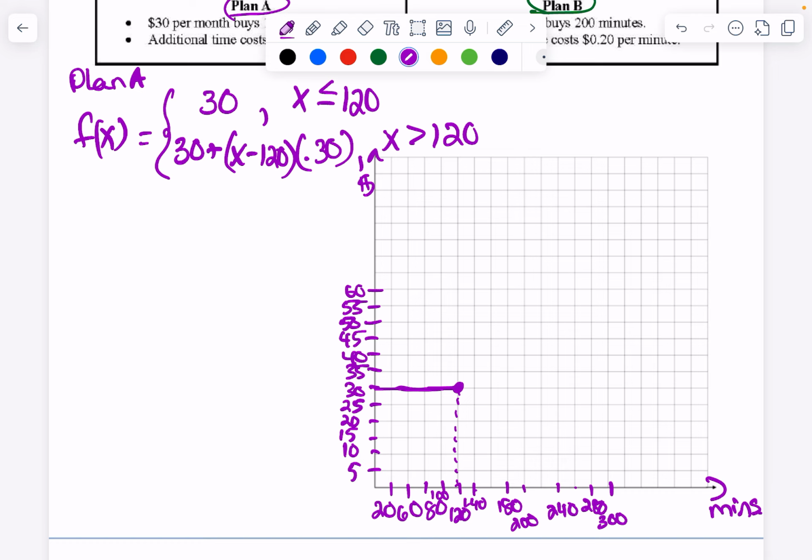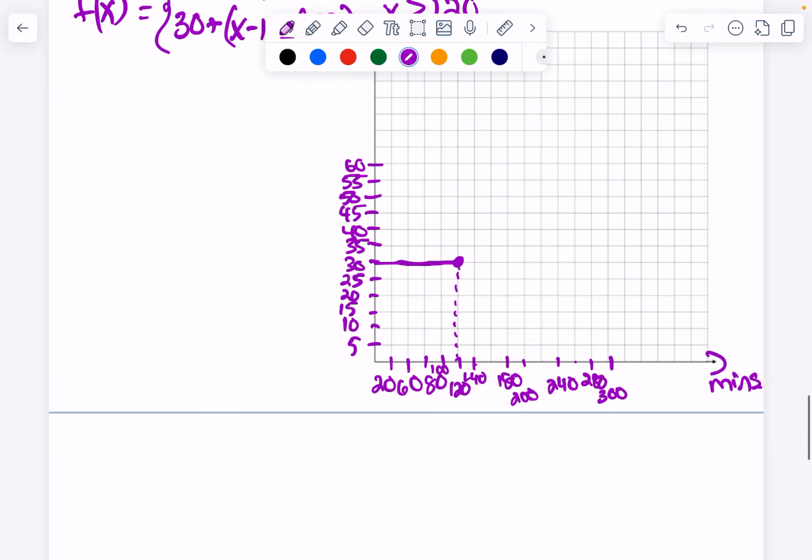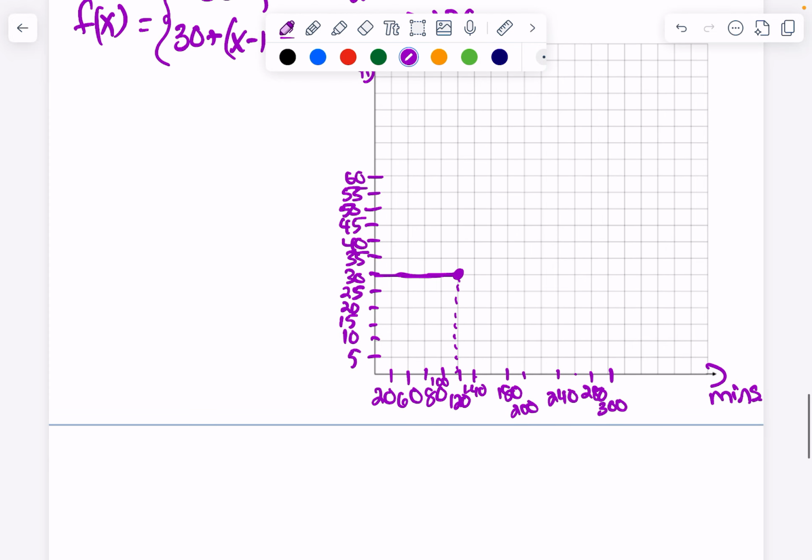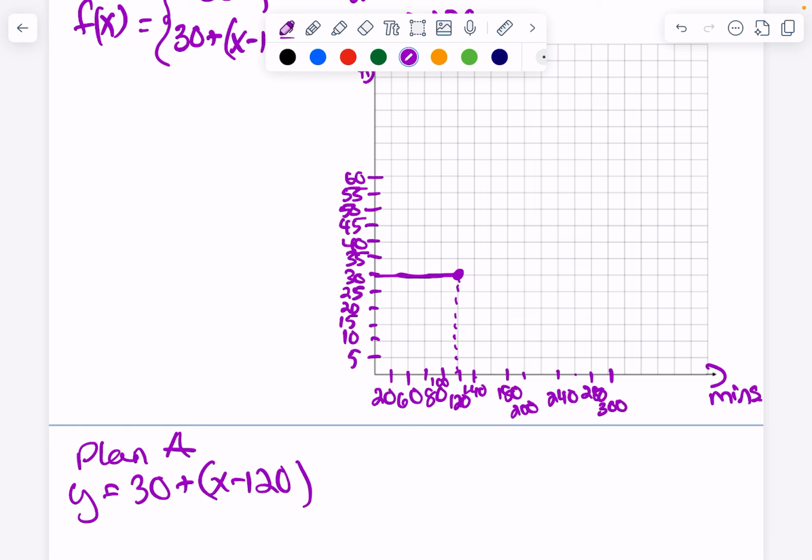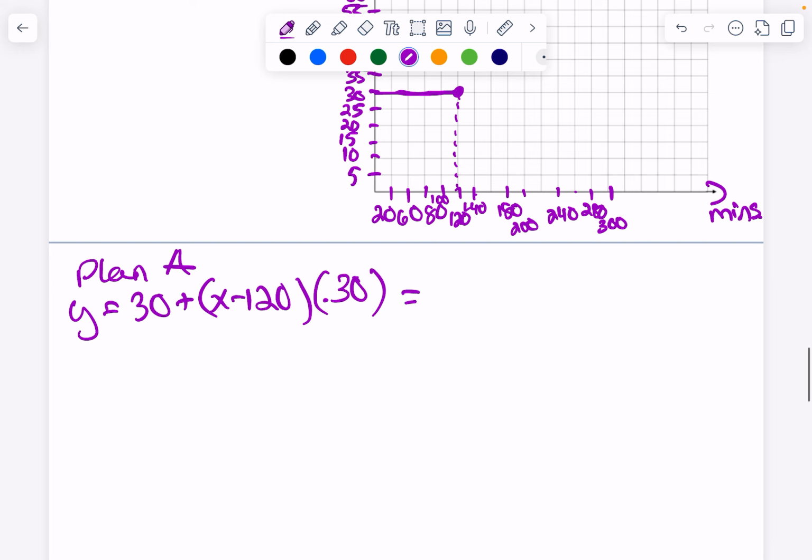So I'm going to go ahead and do it on here. So we have, this is our plan A. We have y equals 30 plus x minus 120 times 0.30, not 0.03. Okay, so what we're going to do here is distribute this first.